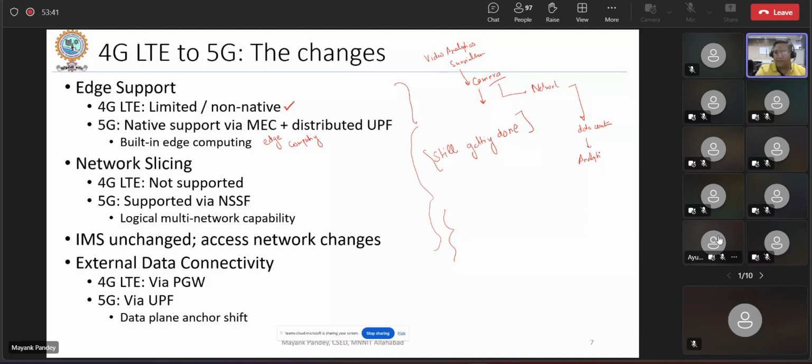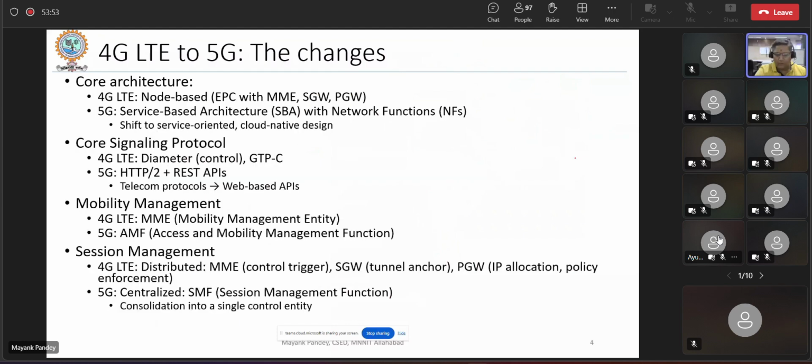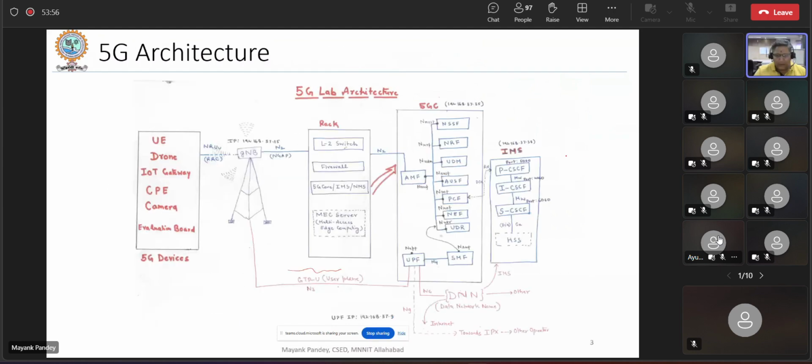Network means 4G or 5G or any network. Now in 5G, what you can do is implement your analytics in the 5G core. I've shown you this using multi-access edge computing servers, and you can have many instances of this running.